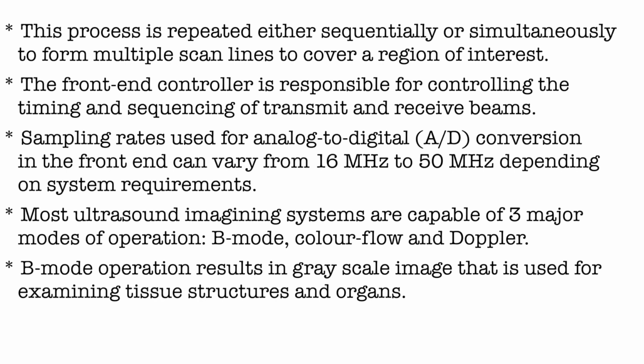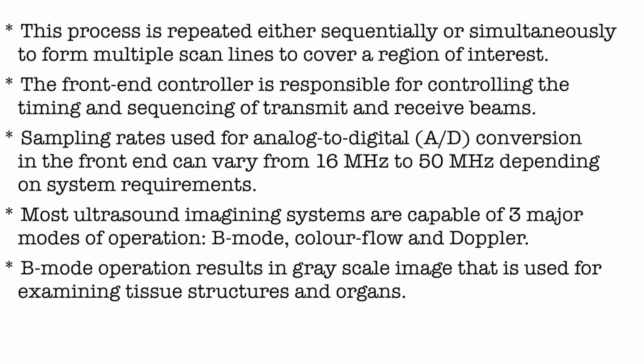Most ultrasound imaging systems are capable of three major modes of operation: B mode, color flow, and Doppler mode. B mode operation results in a grayscale image that is used for examining tissue structures and organs.